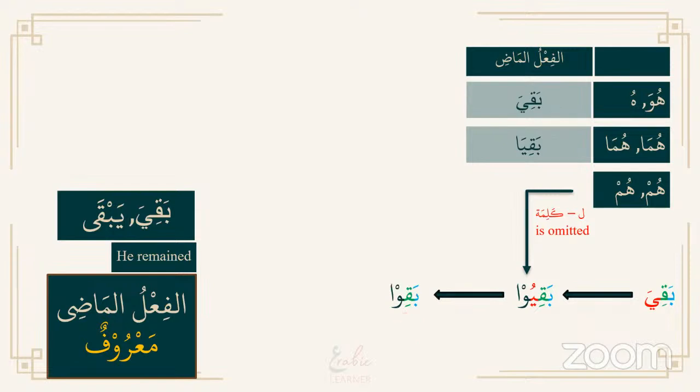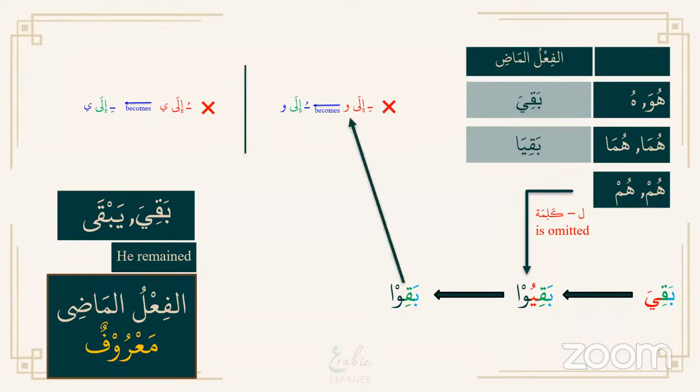Very good. So this is which situation? Again, same situation, ya to waw. So you will change the sign of qaf to dhamma. So it is baqu. All of you are right, mashallah. That is how you can make it in your mind.